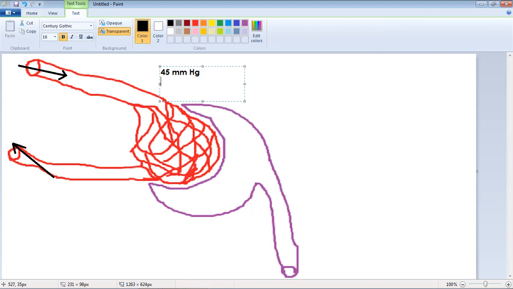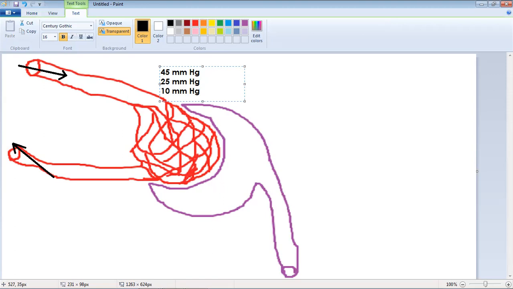Then pi GC is around 25 millimeter of mercury, and PBC is around 10 millimeter of mercury.